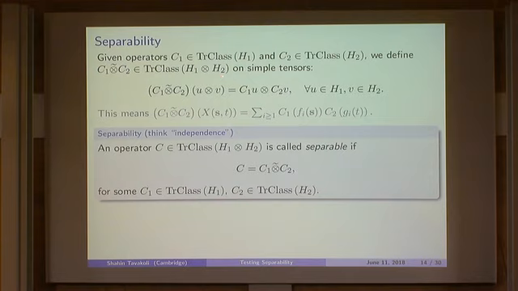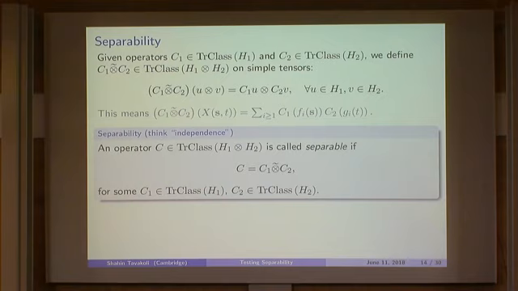I take U tensor V, U belonging in H1 and V belonging in H2, and I apply this new operator on it in the only natural way that is possible, by applying C1 on U, C2 on V, and now taking the tensor product between them. Now you complete by linearity and you get a new operator.